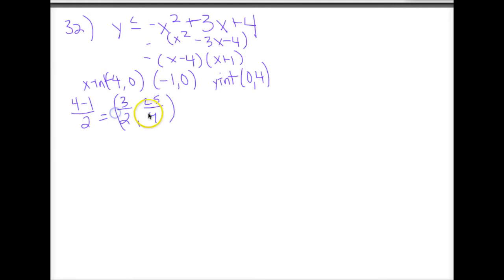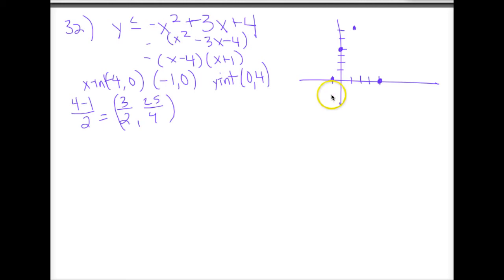So I just took those points and plotted them: y-intercept at (0, 4), right here, (negative 1, 0), (4, 0), and (1.5, 25 over 4), so that's 6 1/4. So 1.5, 6 1/4.